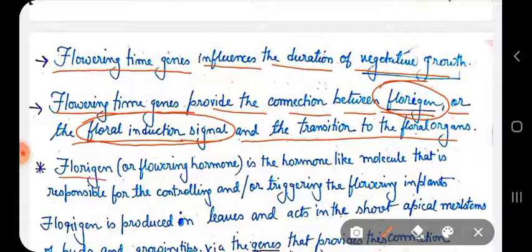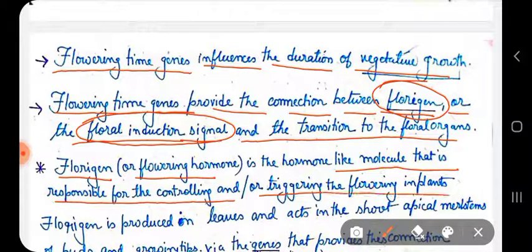Well, the floral induction signal or florigen is a flowering hormone, a molecule that is responsible for controlling or triggering the flowering in plants. So this is the main signal molecule which induces the flower development genes to do their function.